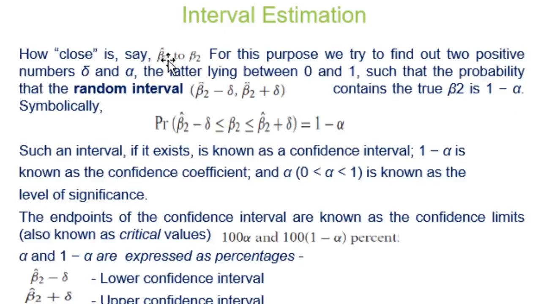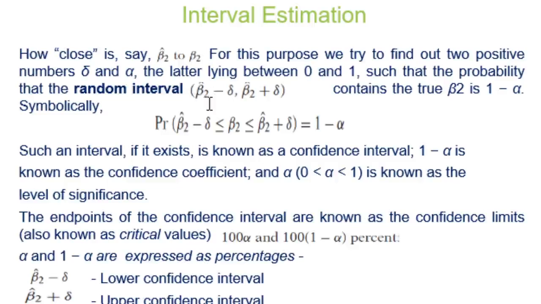That is, we want to find out how close beta 2 cap is to beta 2. For that, we are constructing an interval. For that, we introduce two positive numbers, delta and alpha, where alpha lies between 0 and 1.